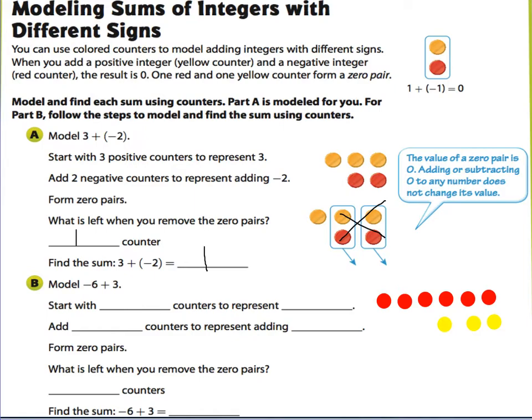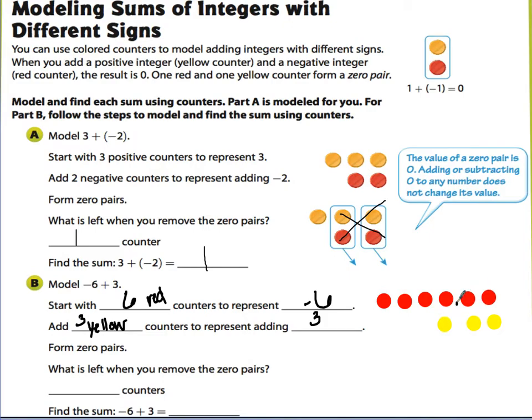So I start with 6 red counters to represent negative 6, and I add 3 yellow counters to represent adding a positive 3.